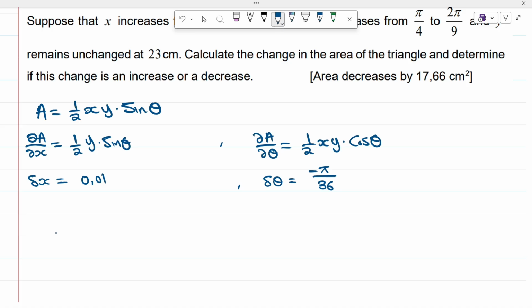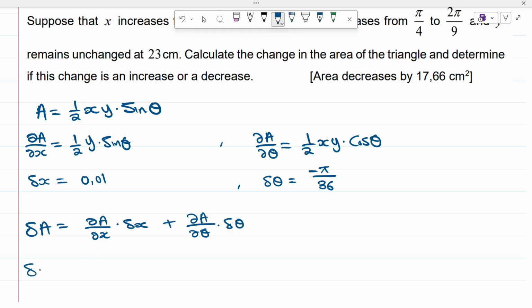So we are now going to say that small change in area is going to be equivalent to what? To the partial derivative of area with respect to x multiplied by the small change in x plus the partial derivative of area with respect to theta multiplied by small change in theta.